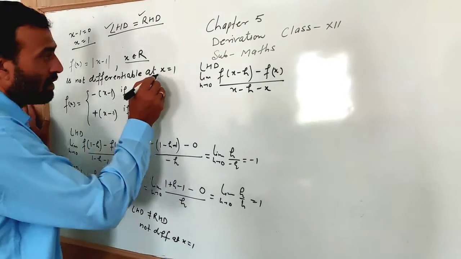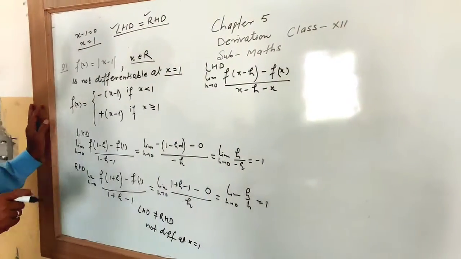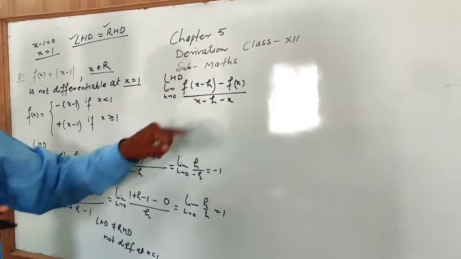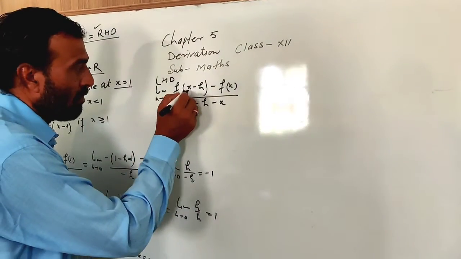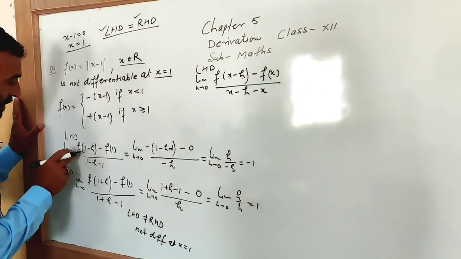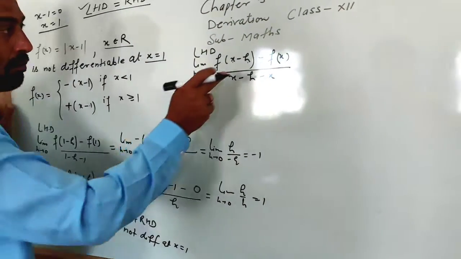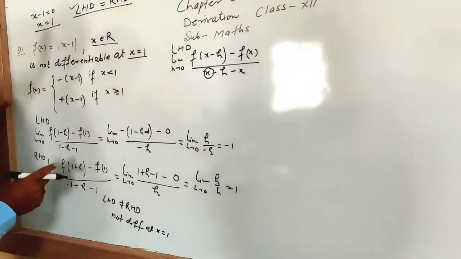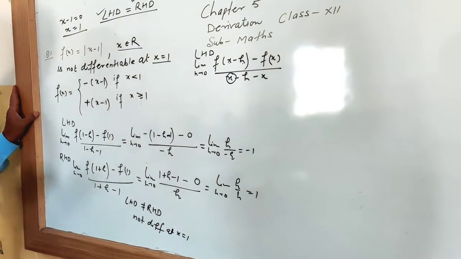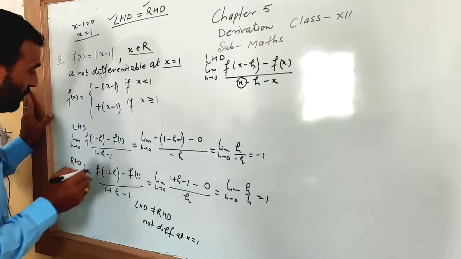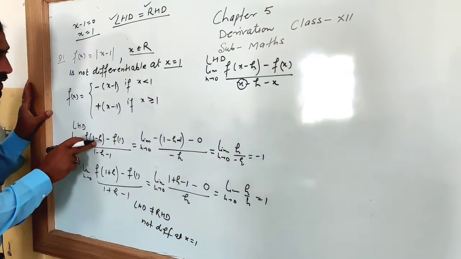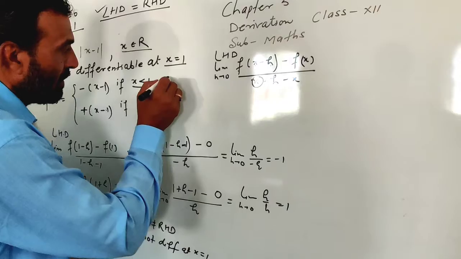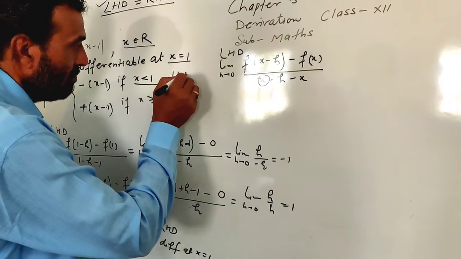We have to check at x is equal to 1, so x is replaced by 1. So the formula for the left hand derivative is f(1 minus h) minus f(1) upon (1 minus h) minus 1, limit h tending to 0. Here the left hand derivative is discussed.